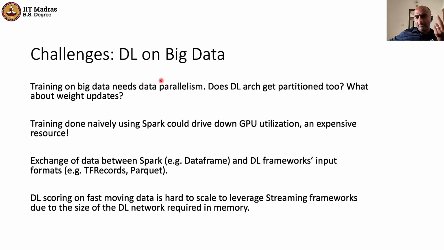Like for instance, if you use TensorFlow, Keras, etc., you might find yourself creating specific formats of the data, like Parquet or TF records. TF records is, I think, custom to TensorFlow, and that format is very different from the data frame format. So how do you exchange data between the two?